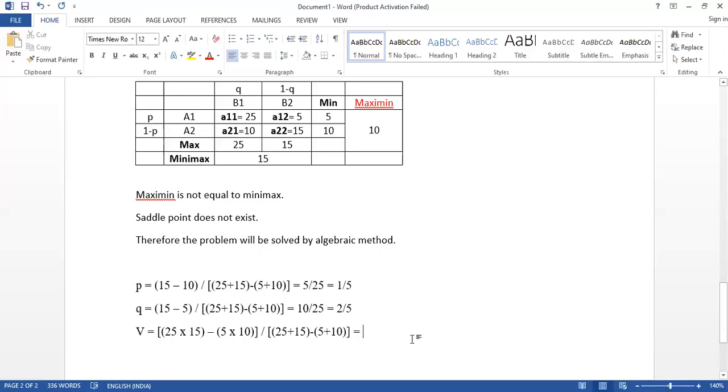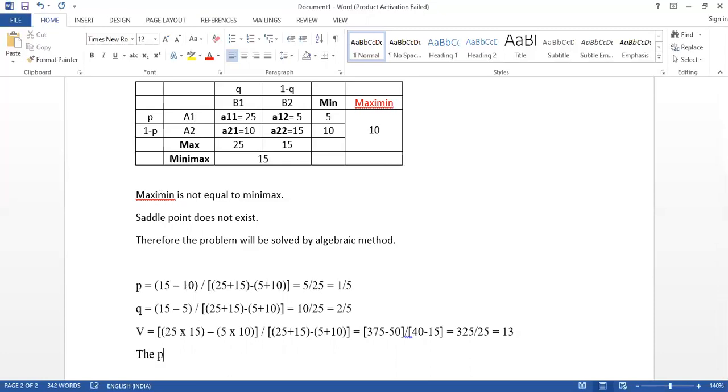So 25 into 15 is 375 minus 5 into 10 is 50, divided by, this is 40 minus 15, correct? So this is 325 by 25 equals 13.